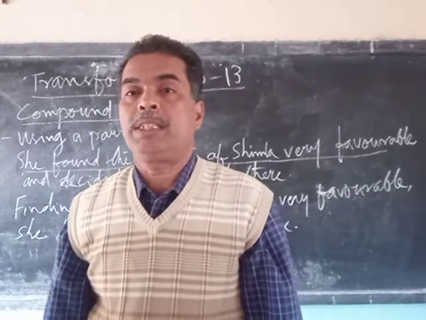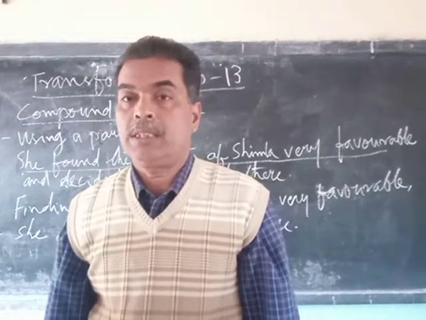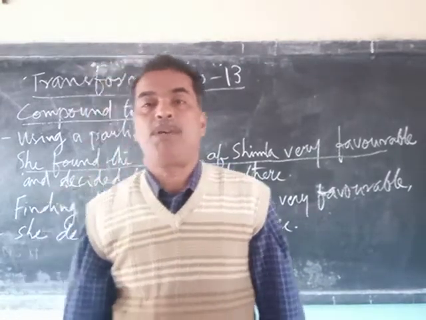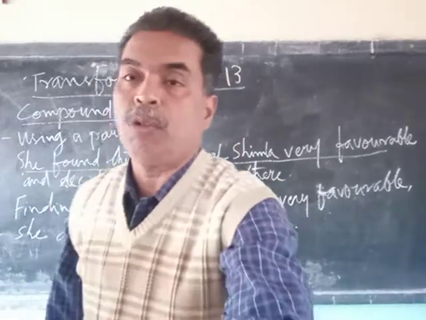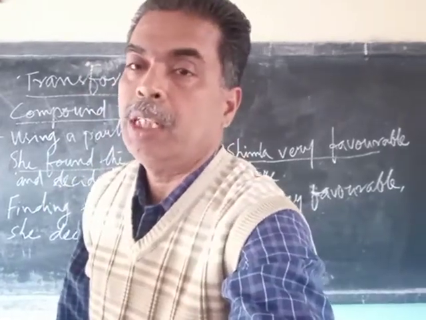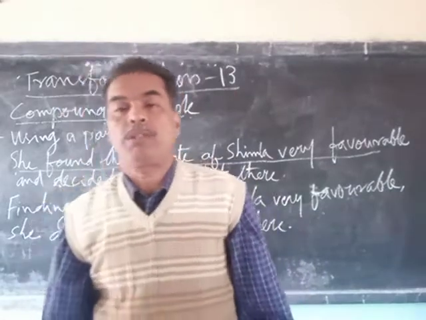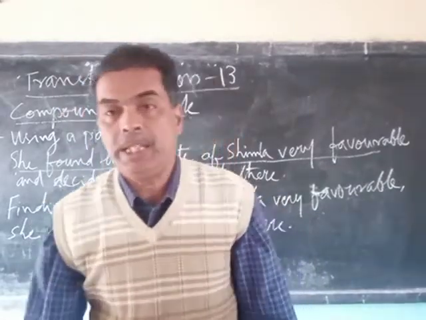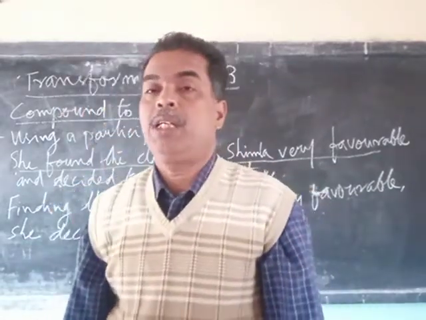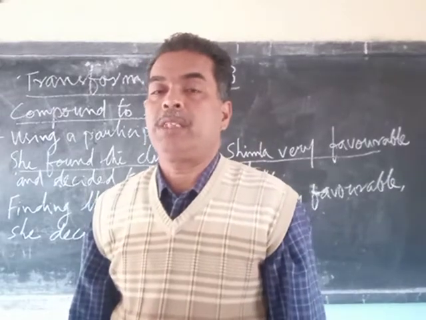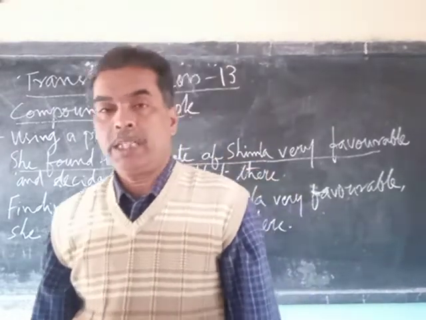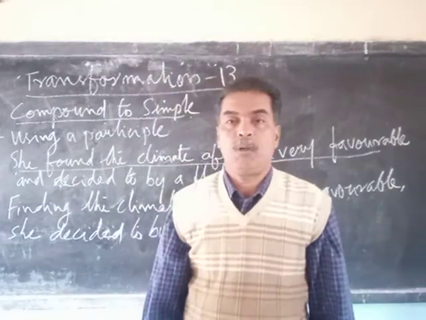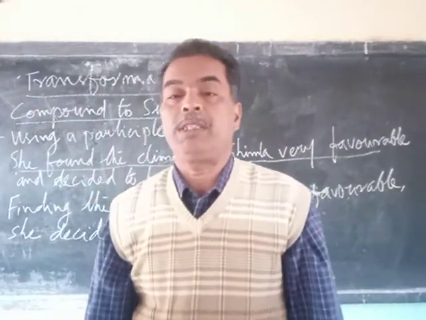A compound sentence is a sentence made up of two coordinate clauses. Coordinate clause means independent clauses, or clauses that can stand by themselves. So there will be two coordinate clauses connected with a coordinating conjunction. That is a compound sentence. And what is a simple sentence?